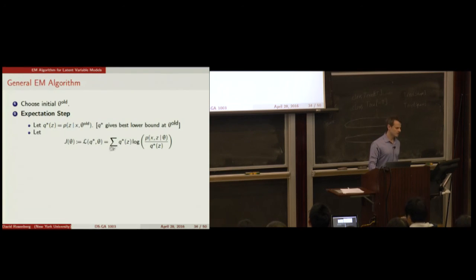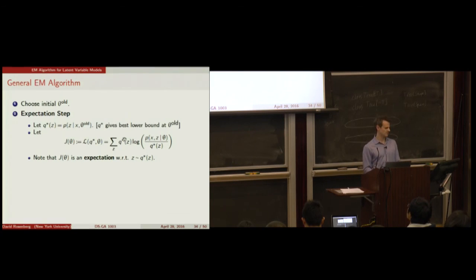And then we plug that Q star into our lower bound L, so L of Q star and theta. When we plug it in, this is an expectation with respect to Q star. That's why it's called the expectation step. So we write it as a function of theta, which is what we want to maximize. Computing that function, that expectation, is the expectation step.